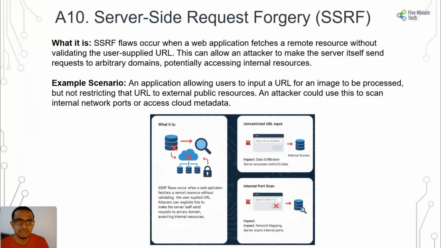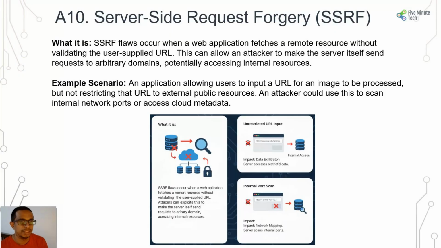Last but not least, we have server-side request forgery, which is SSRF, which comes up very frequently in any scanning tool, be it Veracode, Fortify, or Snyk. The SSRF flaw occurs when a web application fetches a remote resource without validating the user-supplied URL, and this can allow an attacker to make the server itself send requests to an arbitrary domain, potentially accessing internal resources.